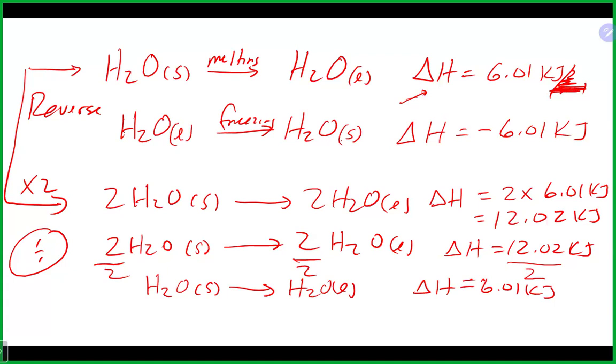Not something we're going to get too far into in this class at all, but you will see it in 1A: when we have equations like this, we can add together multiple equations to get an overall equation. So for example, let's just say I had this guy, A plus B goes to E plus F, and I wanted to know, what is the delta H value for this particular equation?